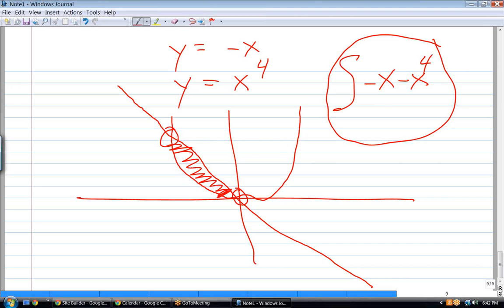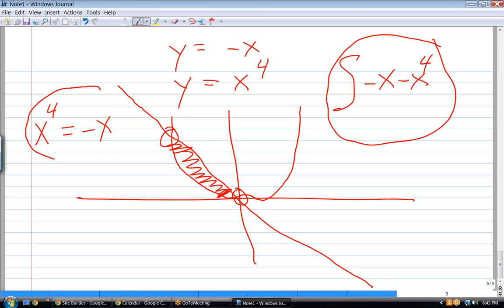Right. How do I find those? Well, if they're intersecting right here, they only intersect when this is equal to that. Oh, so we set them equal? Yeah, we're going to set x to the fourth equal to negative x. Where does that occur?